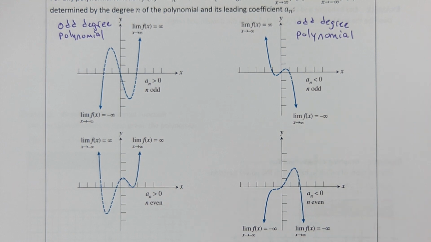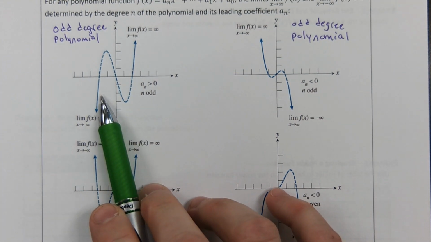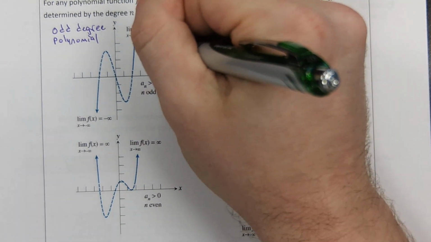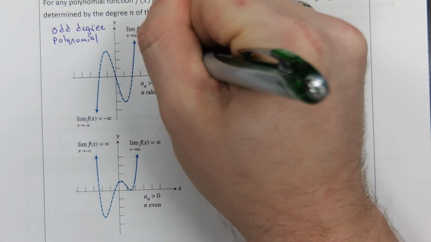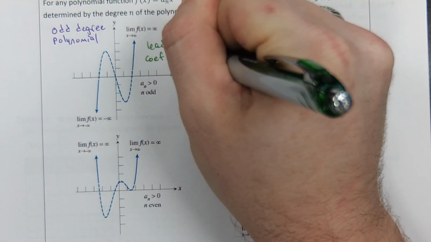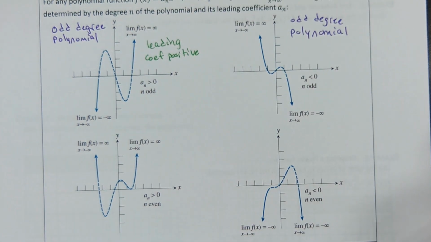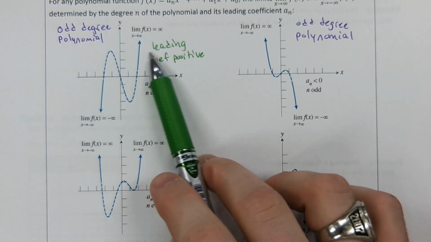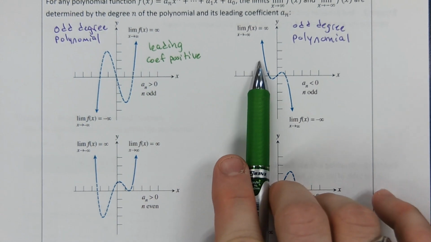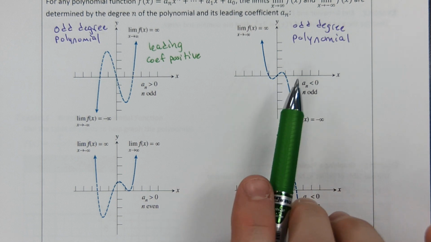If the leading coefficient is positive, it looks like this. So the positive leading coefficient goes left down, right up. A negative leading coefficient gives us left up, right down.